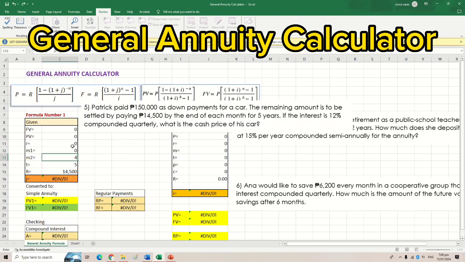And then our percentage is 12%, that is 0.12. And then our M1 is the adjusted compounding period to match our inter-payment interval. So our payment interval is each month. So our compounding period as well must be each month here. Okay, so each month is 12. Set down 12 and then enter.